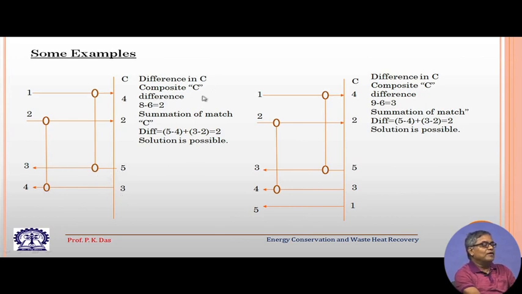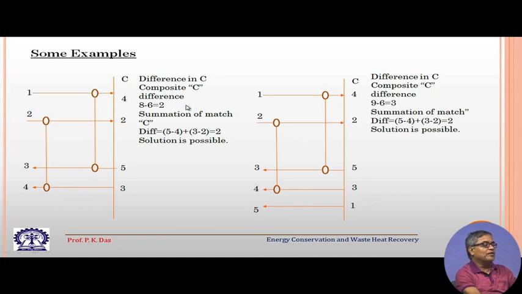The first thing is the difference in composite C. See, 1, 2, 3, 4 are the stream numbers, and here 4, 2, 5, 3 and so on are the heat capacity rates. So, what will the difference in composite C be?